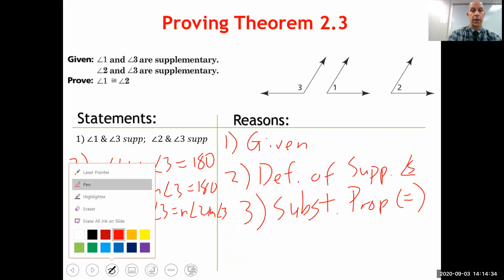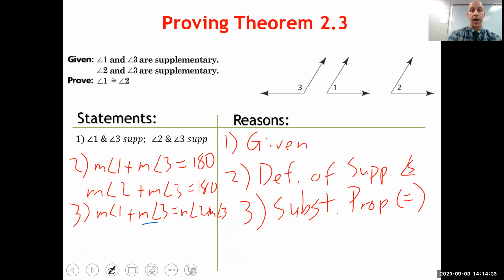Now notice that on both sides we have the same amount, and that's the measure of angle 3. So I can subtract that away on both sides. So step 4, I can say that the measure of angle 1 is equal to the measure of angle 2. That's by the subtraction property of equality.